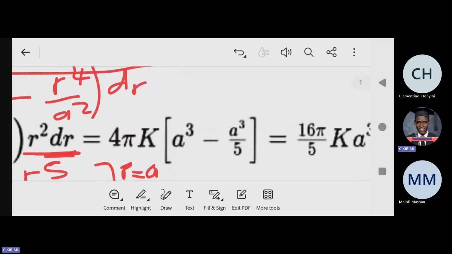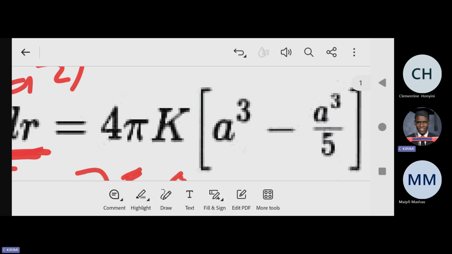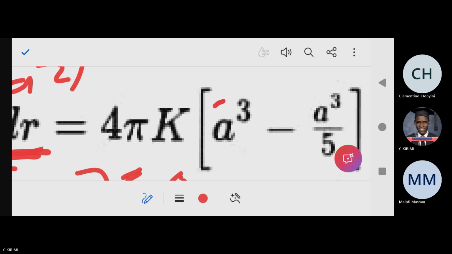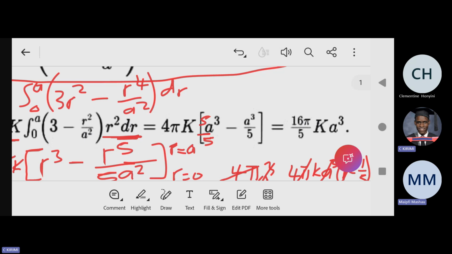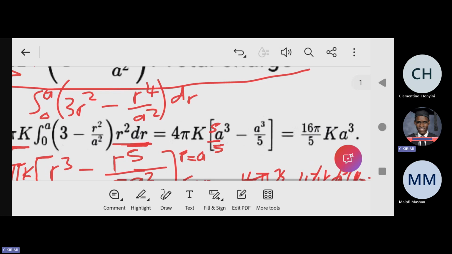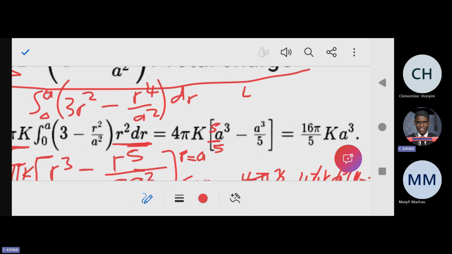If you want to find the denominator of 5, it's going to be 5a cubed over 5. So 5a cubed minus a cubed leaves you with 4a cubed. So it will be 4 pi. That is how they got that answer.